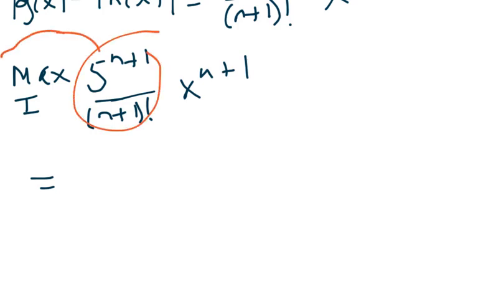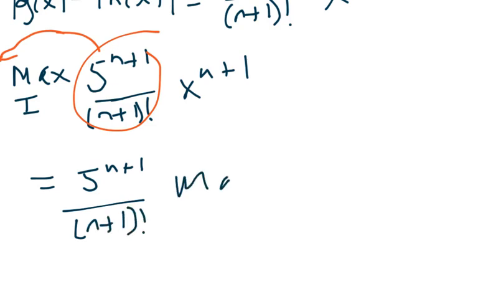So they can come back out. They don't depend on the interval. So we have 5 to the n plus 1 over n plus 1 factorial times the maximum of this on the interval.